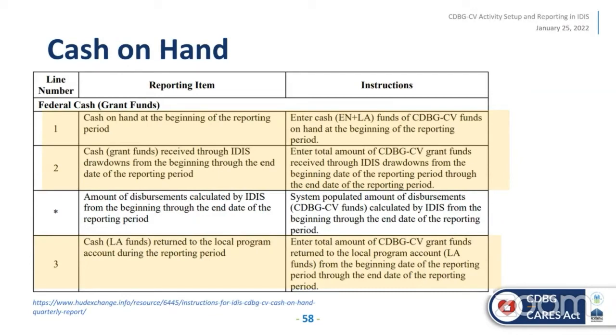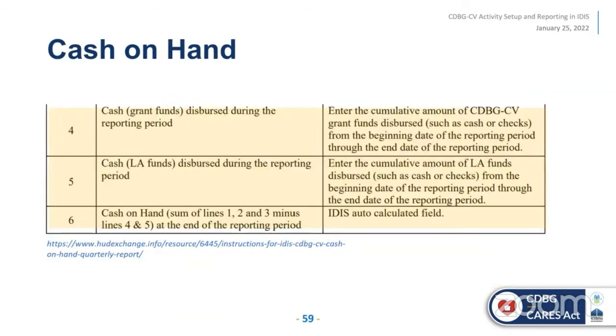For CV, you may very well not have any. The amount that was dispersed is line 4. And so again, these are your vouchers, cash or checks, and the cumulative amount of the local account funds dispersed.